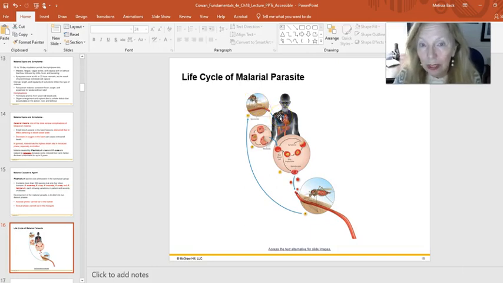Okay, so we could get rid of the disease if we got rid of humans. That would be done. But we don't want to get rid of humans. So what we've done in the past is try to get rid of the Anopheles mosquito. And maybe you can imagine how difficult it is to get rid of mosquitoes.